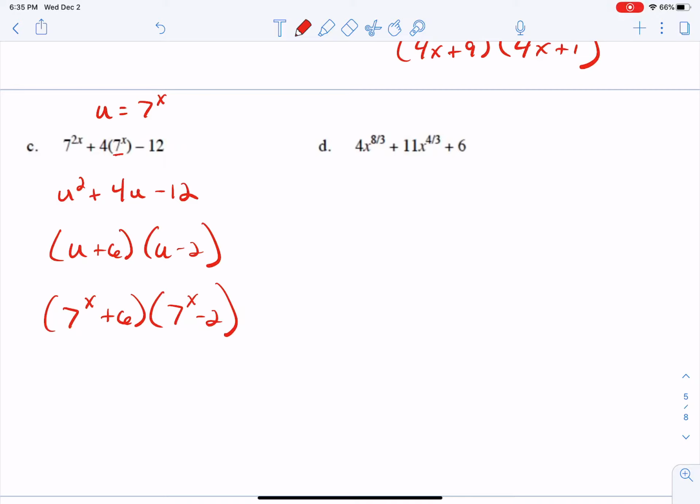Last one of these, take a look and see what makes the problem look complicated. That x to the 4/3 power. So substitute u for x to the 4/3 power. So you're left with 4u squared plus 11u plus 6.